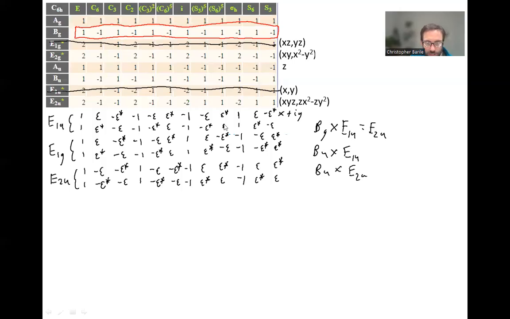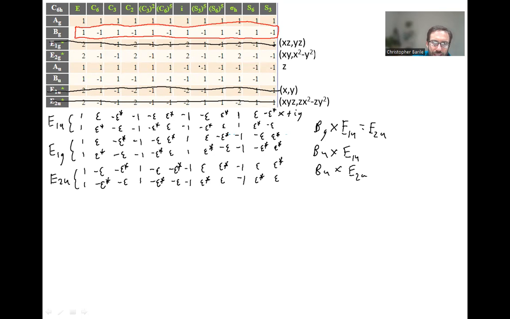It's sort of unclear what to do at this point, but perhaps we can be even more smart about this. I'm going to cross out E2U because we correctly got that one. Let's look at the functions from which they derive, right? This is xz, yz, and zx squared minus zy squared. We figured that out earlier. We're trying to get something that is E2G, which transforms as just xy and x squared minus y squared.